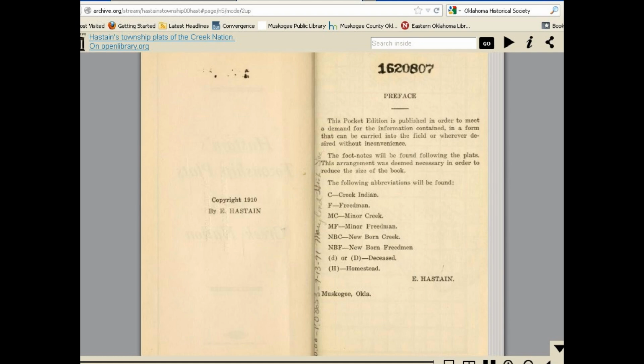And I know of at least one case where there are some homesteads that were given as allotments in the Cherokee Outlet, which was not part of the Cherokee Nation at this time, and these people had settled out there early, so they were permitted to keep their homesteads up there.